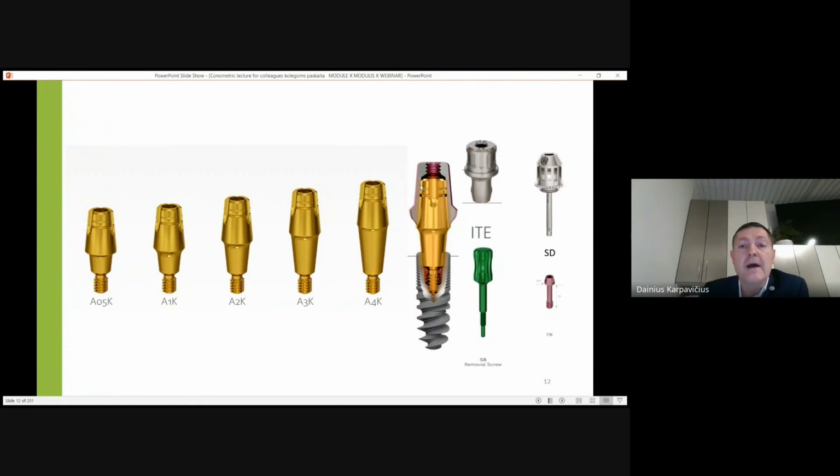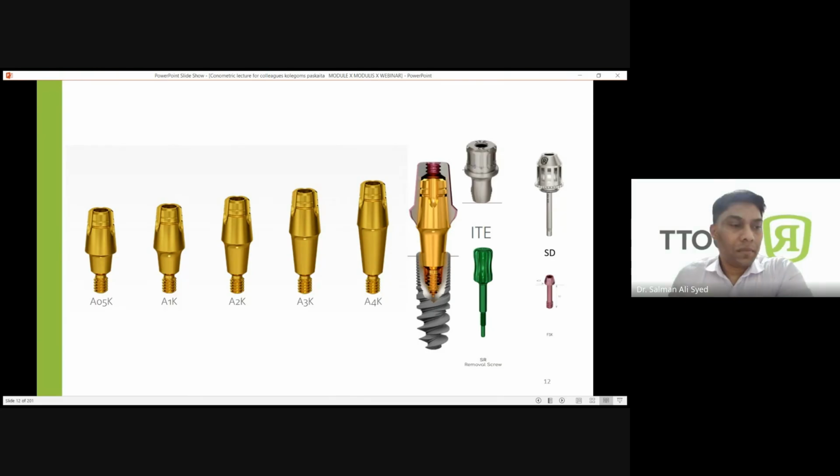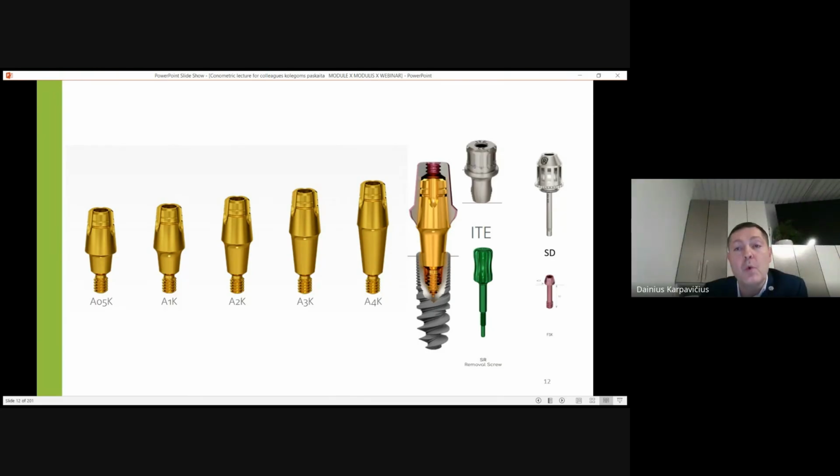This crown comes as the secondary crown, and the primary crown abutment is AK, and we have different heights of this abutment from 0.5 millimeter to 4 millimeter. So finally, for a two-piece classical implant, we have this construction: implant, primary abutment, and conometric as the secondary abutment, which is connected with the dental prosthetics.